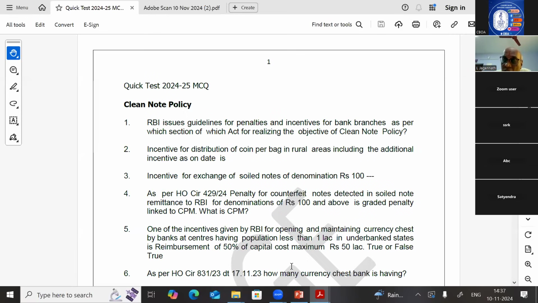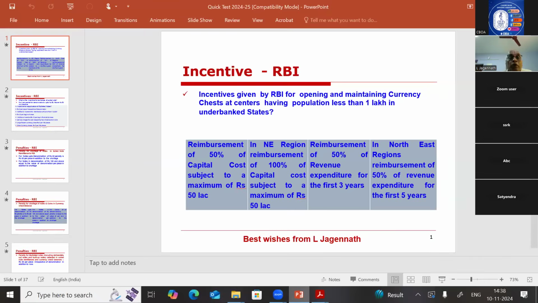Section 35A of the Banking Regulation Act and section 45 of the RBI Act for question number 1. Question number 2: incentive for distribution of coin per bag in rural areas, including the additional incentive as on date is. Let's quickly go through the presentation and you'll be able to answer the questions.